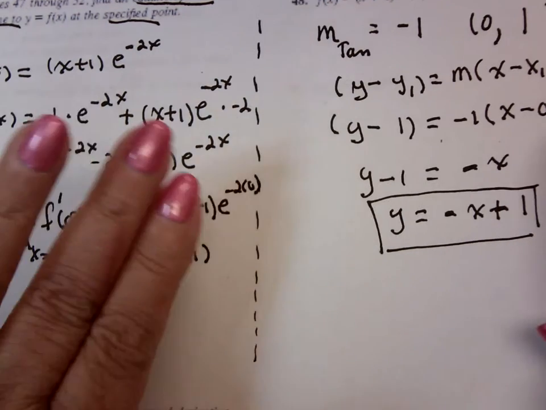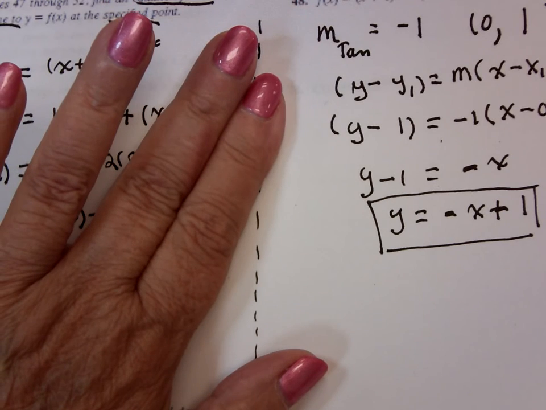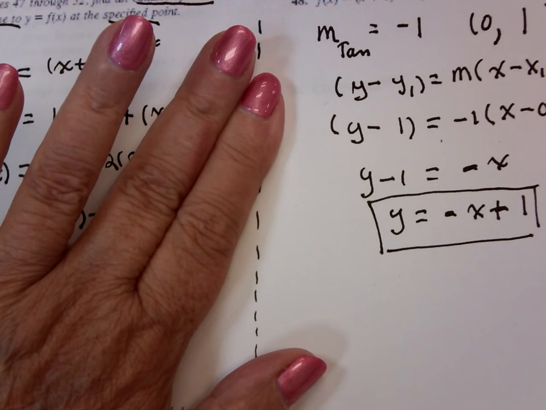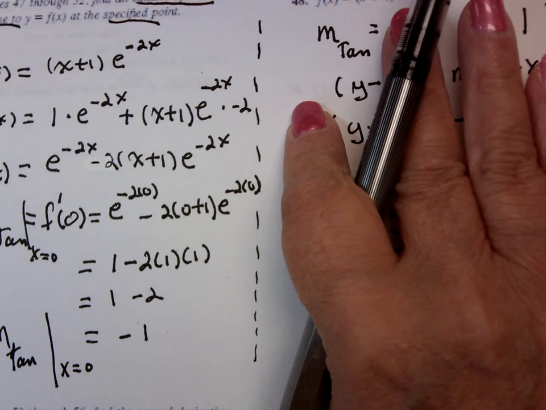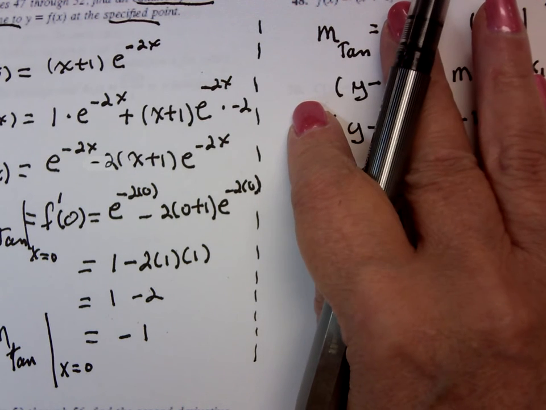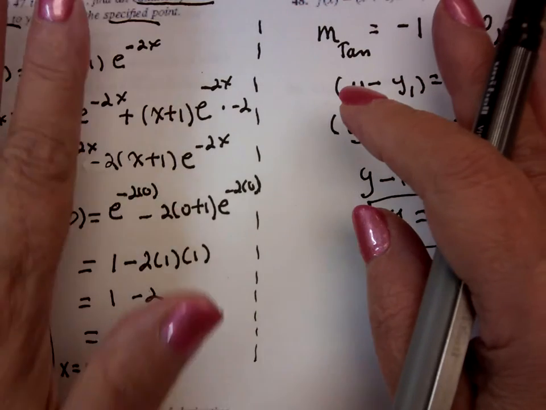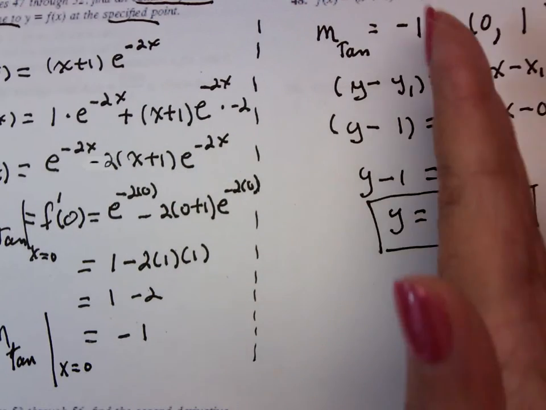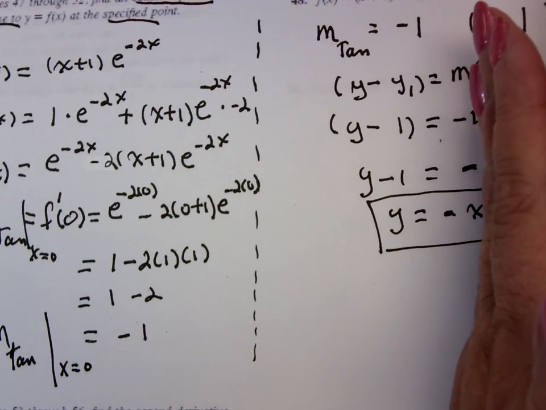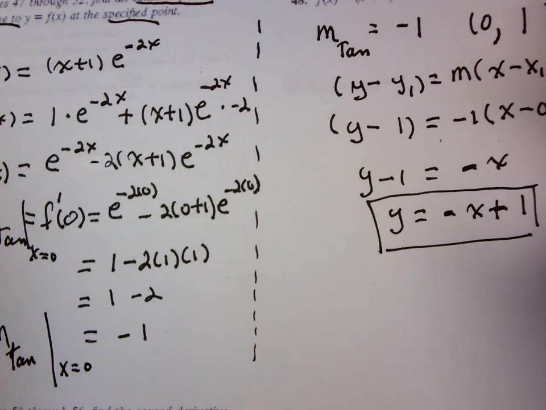You have a part which is just algebra, where you're finding the equation of the line, and a part which is calculus, in which you're finding the slope of that line. So break it into two pieces: finding the slope, finding the line. If you do it that way, it might be less confusing than having one big jumbled problem. Any questions?